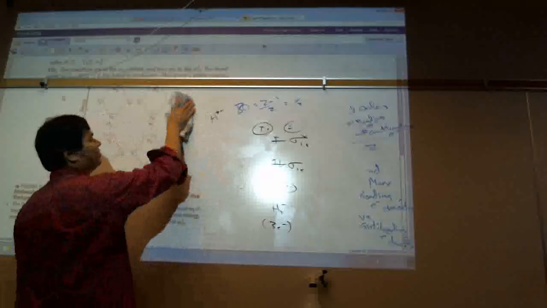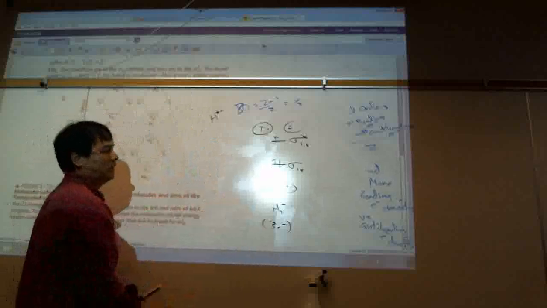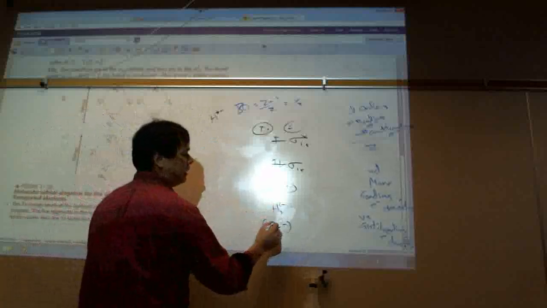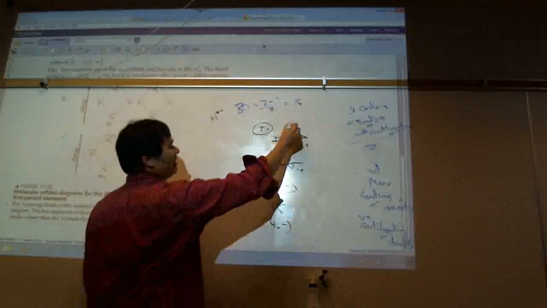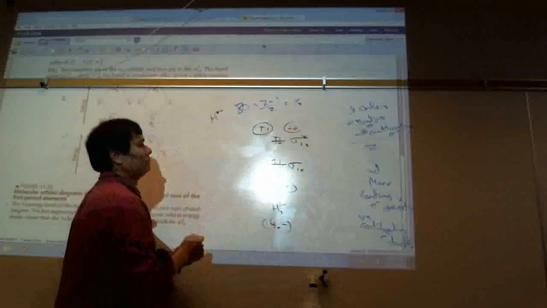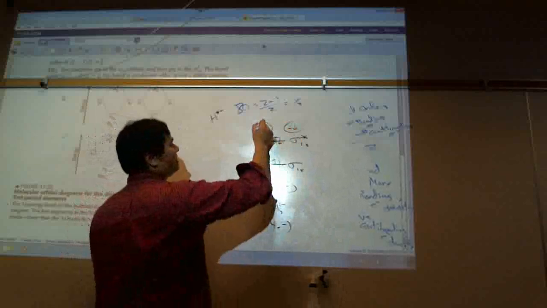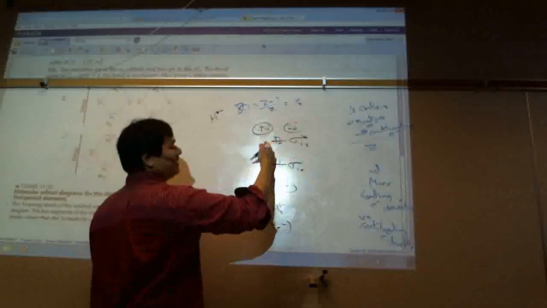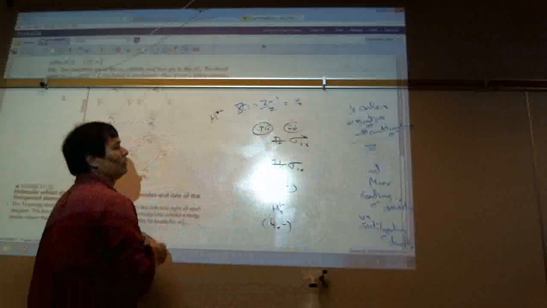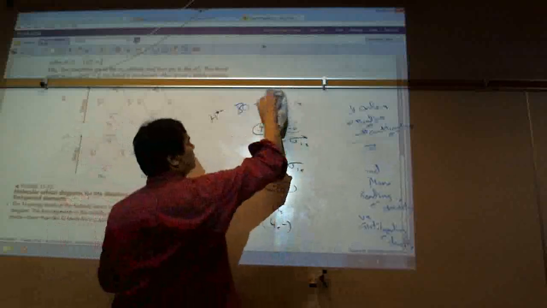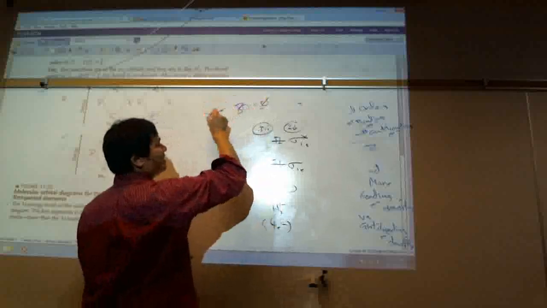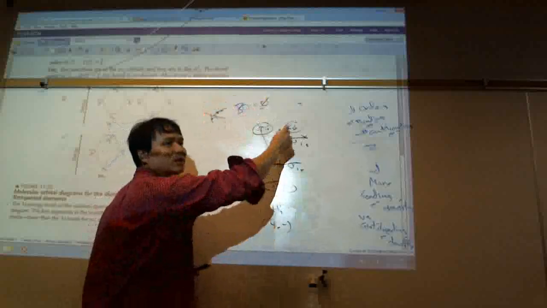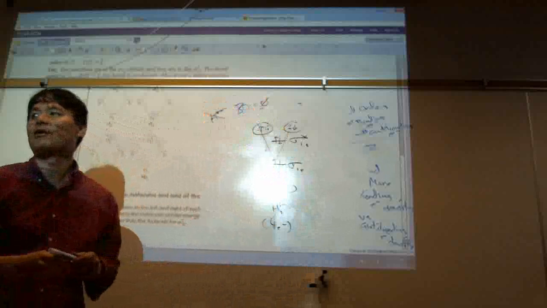If I try to add one more electron to this, then I get 4 electrons, and I completely fill my antibonding. And so the antibonding cancels the bonding, and the bond order comes out to 0. That means H2 minus doesn't exist. You can't form it.